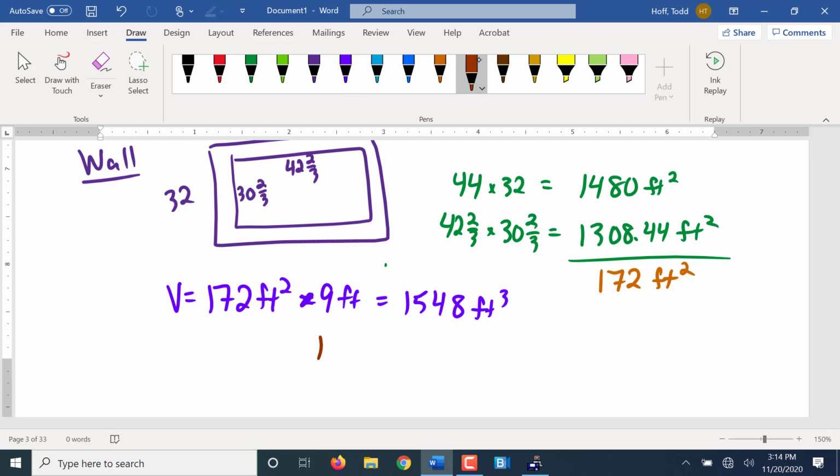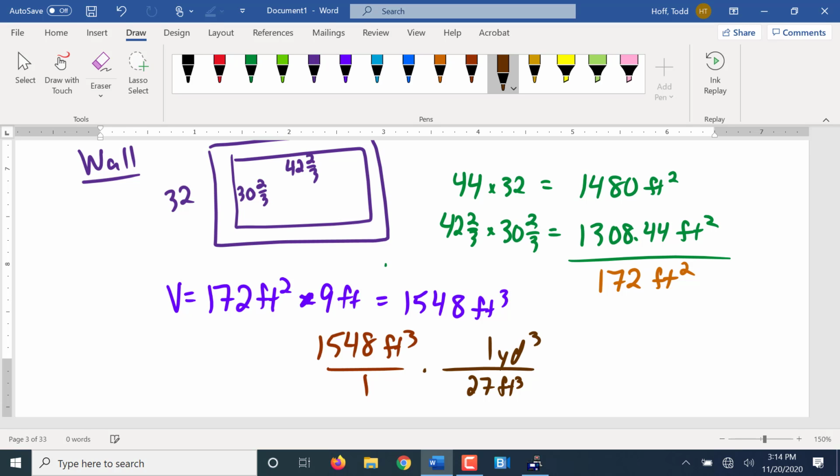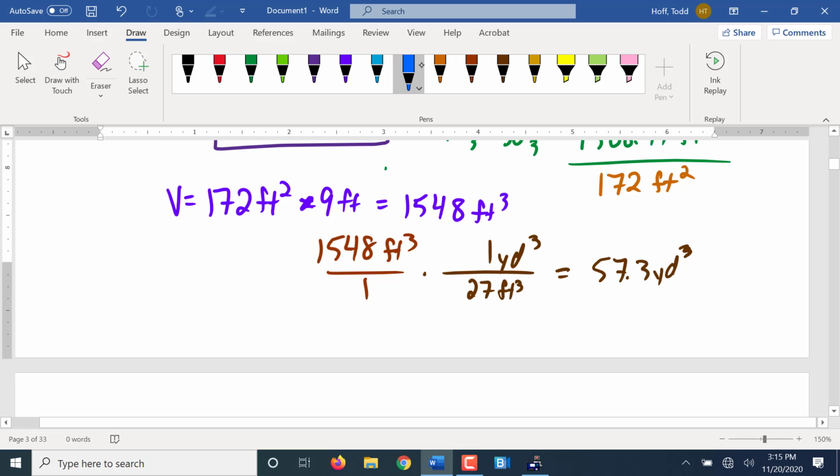And of course, we're going to convert that into yards. 57.3. So we'll go 57.5 is what we would order.